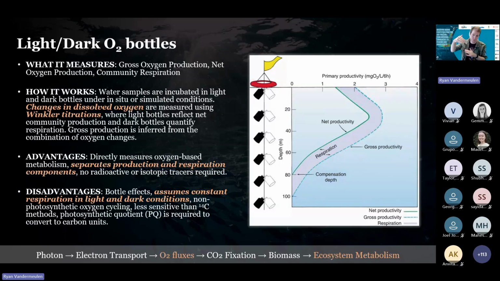If we add those two rates together, we have an estimate of gross oxygen production, which is roughly proportional to the total initial amount of carbon fixed from sunlight. So one method, three windows into the inner workings of the ecosystem: how much oxygen is being produced, how much is remaining, and how much energy the community is consuming.